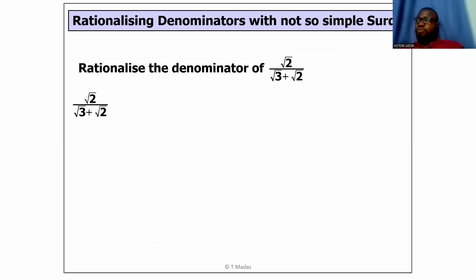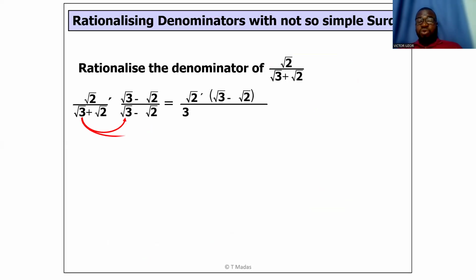Now, I would like you to pause your video and try this one. Multiply the denominator and numerator by the conjugate of the denominator, and you try it out. Instead of doing it one by one, you can just write root 3 squared minus root 2 squared. But remember, it's always going to be negative.